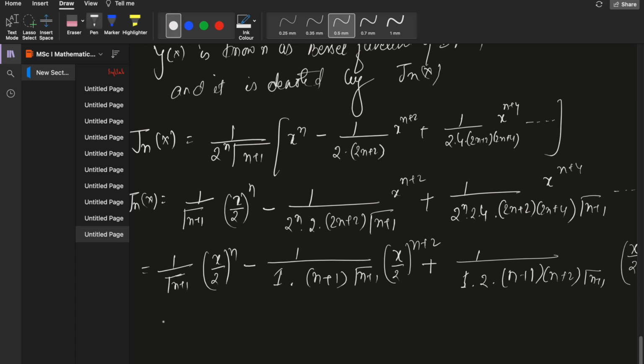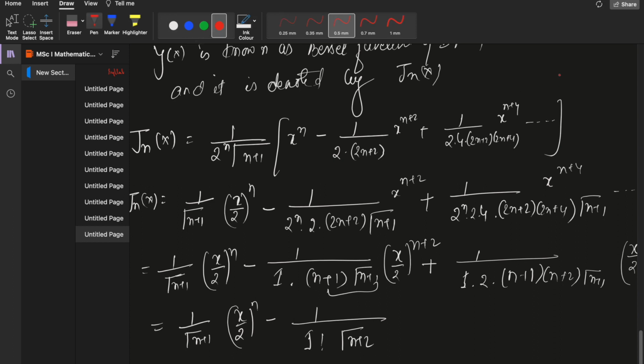Now I can write it as gamma n plus 1, x upon 2 to the power n, minus of 1 factorial. 1 can be written as 1 factorial. This can be written as n plus 2 gamma n plus 2. Why?